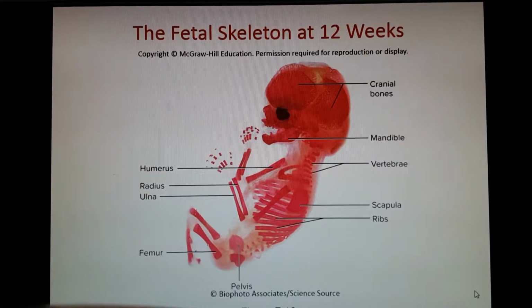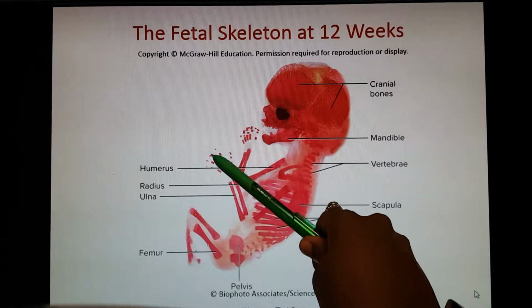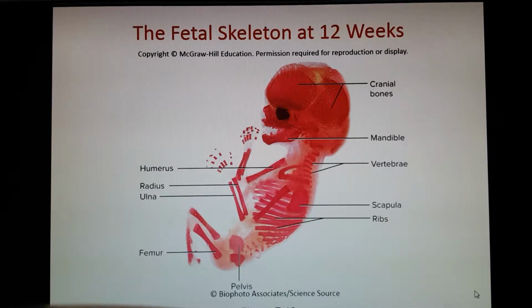Just showing the little fetal skeleton here. In this image where it looks kind of gappy, like we're missing some stuff, that's actually cartilage, and that's why you can't really see it. It's not as hard as bone, so it doesn't come out as well in the image.